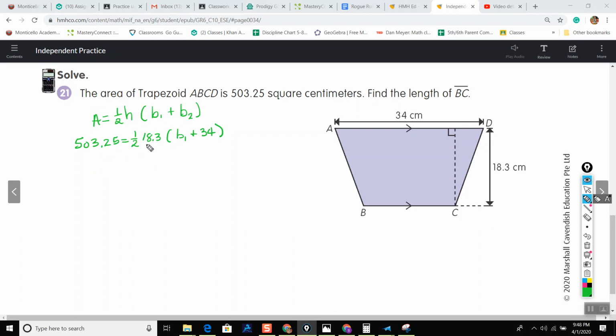So my first step is I'm going to find half of 18.3. So let's rewrite this, 503.25, and half of 18.3 is going to give me 9.15, okay? Multiplied by base 1 plus 34.